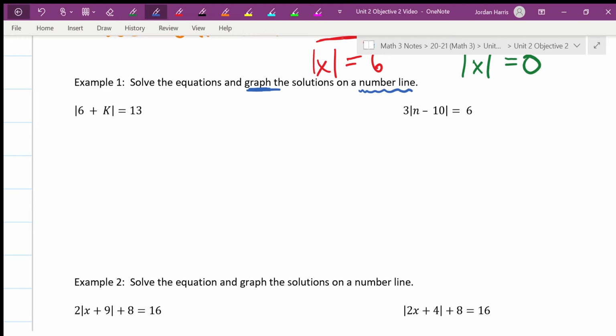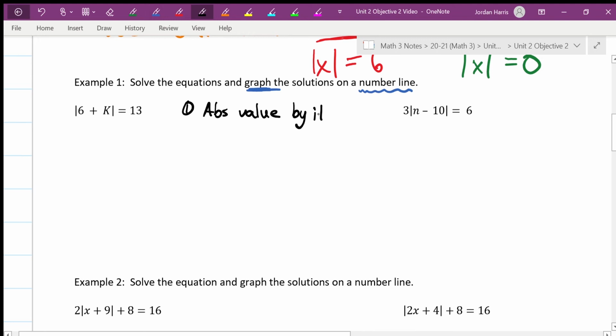Okay, so how you set this up is you get the absolute value by itself first. That's always the first step. In this case, the thing in the absolute value is 6 plus k, that I want to get by itself.